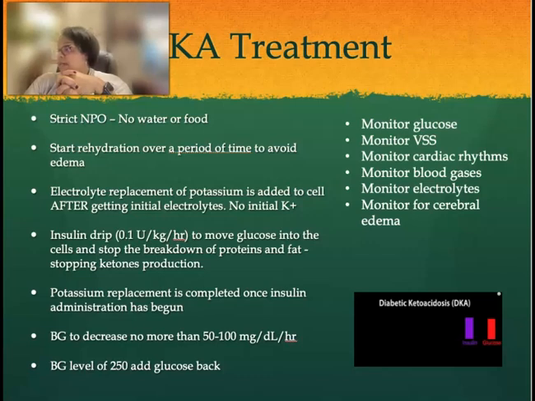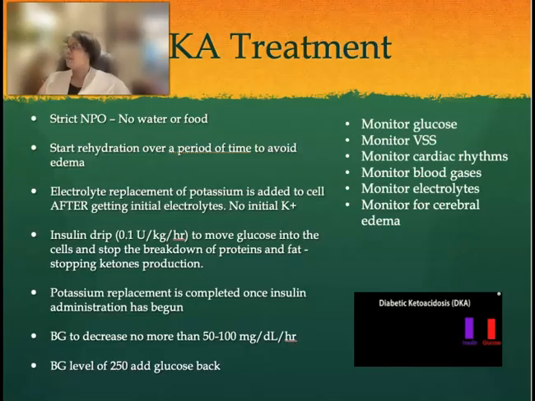Once you start the insulin drip, in probably about an hour we do another round of electrolytes and blood gases, and then you will see the potassium drop. That is when they will start to get a massive amount of potassium.